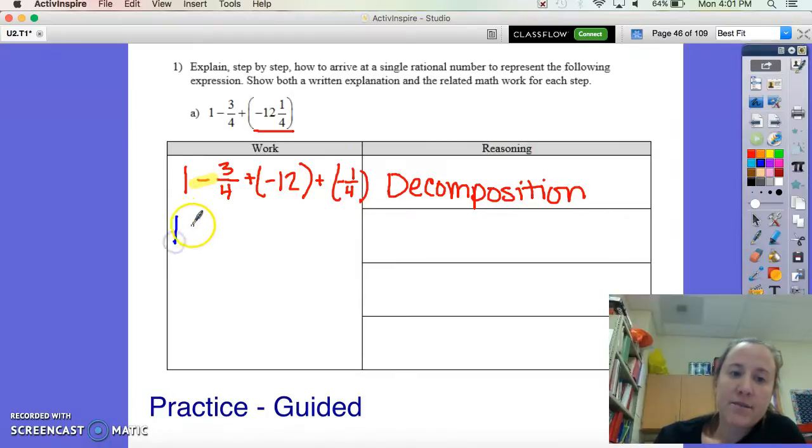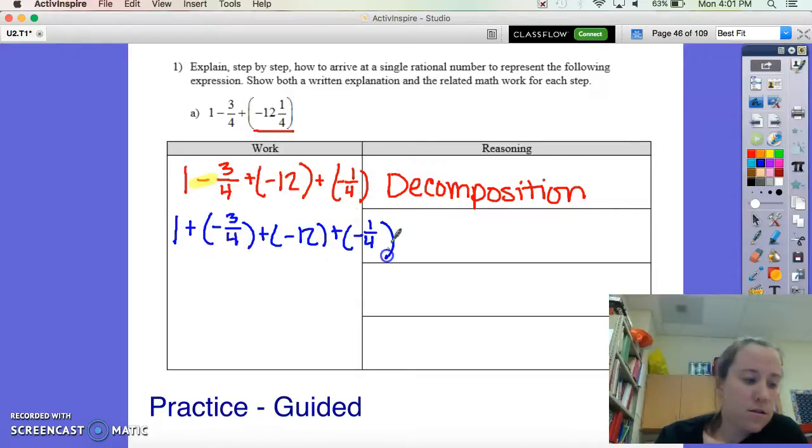I would rewrite it using add the opposite as 1 plus a negative 3/4. And I've got plus negative 12 plus negative 1/4. And then the reason that I could do that is the additive inverse property.